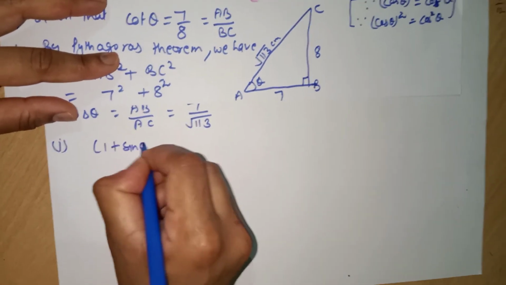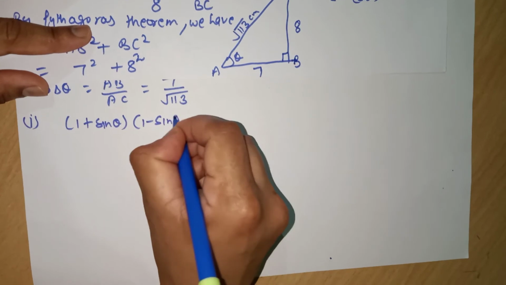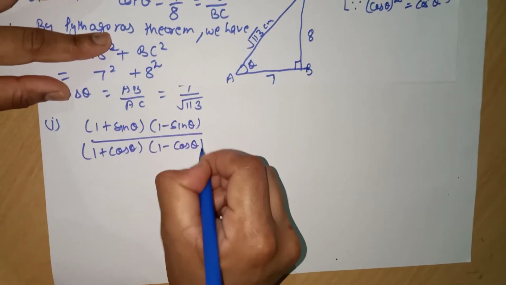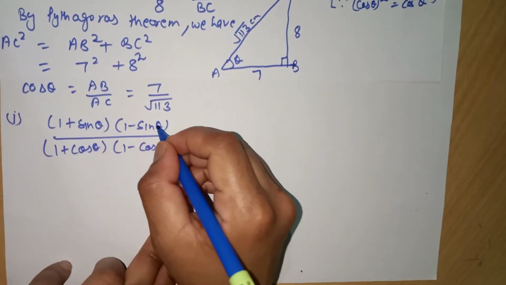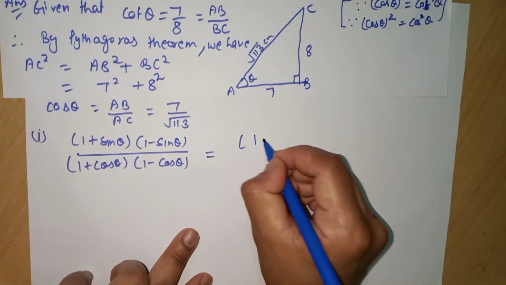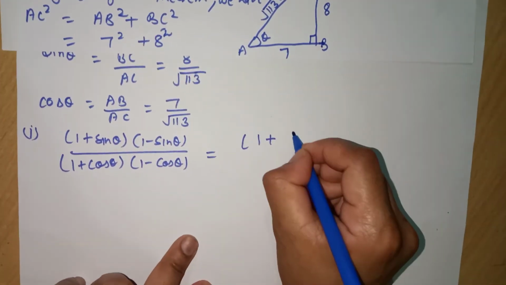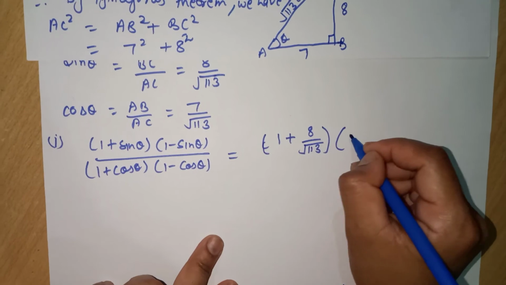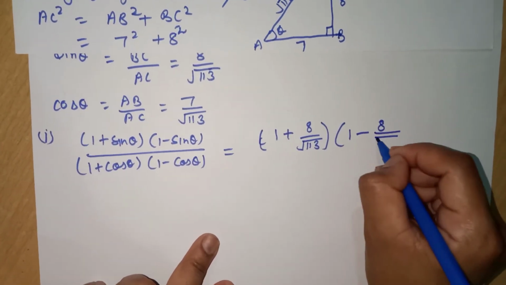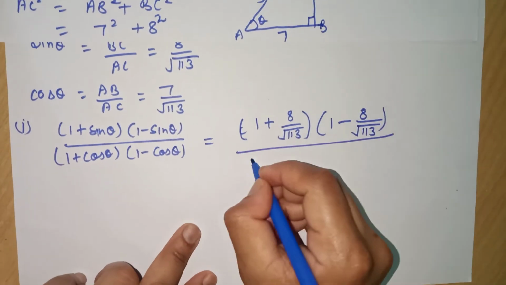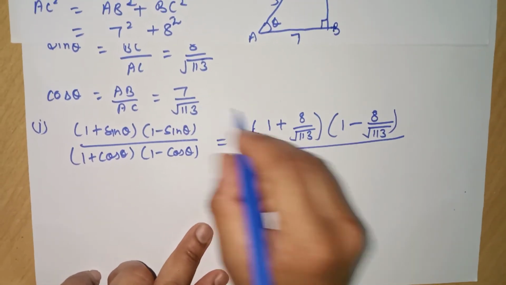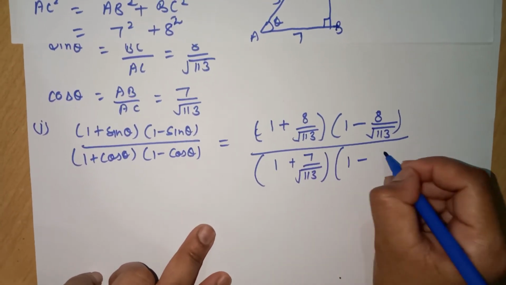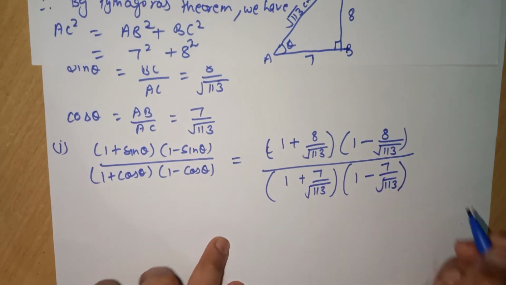One plus sin theta, 1 minus sin theta, 1 plus cos theta and 1 minus cos theta. Now fill the value of sin theta and cos theta here. 1 plus sin theta, sin theta is equal to 8 upon square root of 113, times 1 minus 8 upon square root of 113. Similarly below, 1 plus 7 upon square root of 113 and 1 minus 7 upon square root of 113.